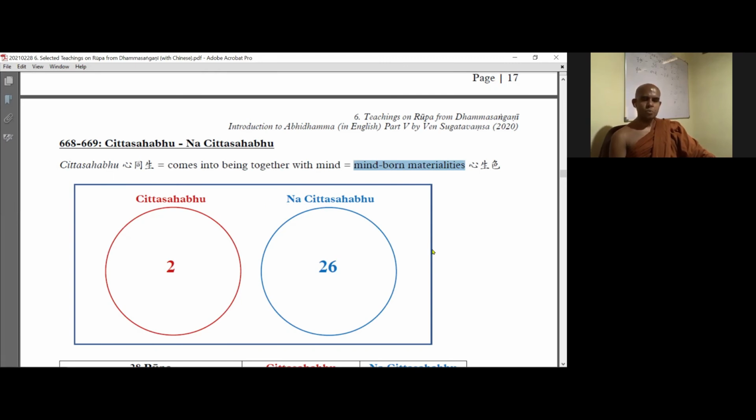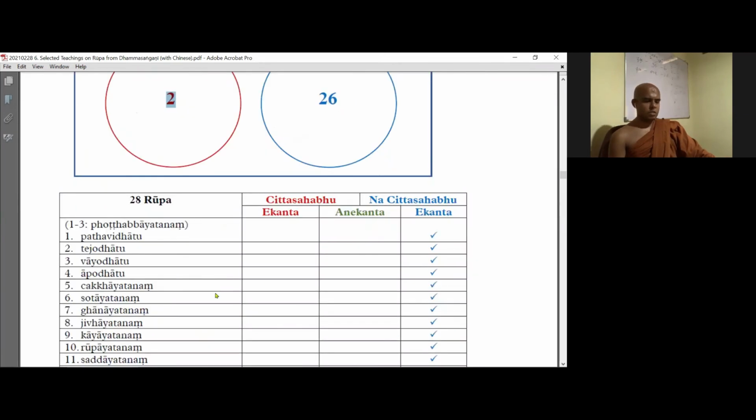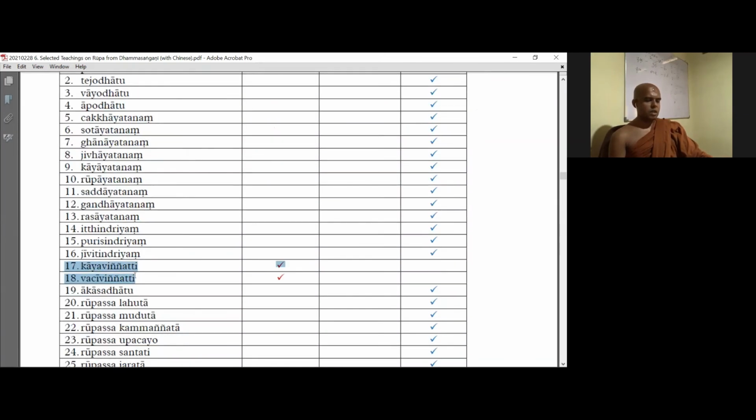There are only two mind-born materialities: numbers 17 and 18, kaya vinyatti and vacha vinyatti. These two intimation rupa we call Chitta Sahabhu.